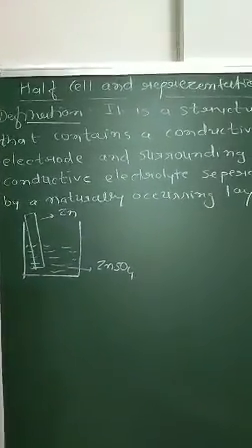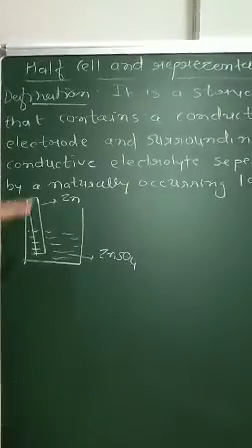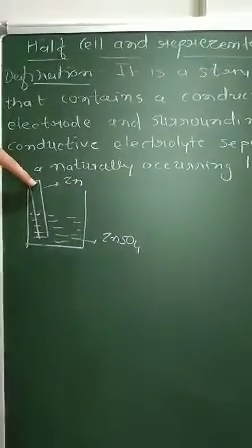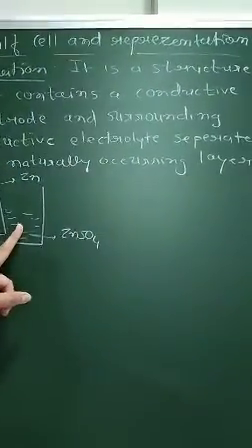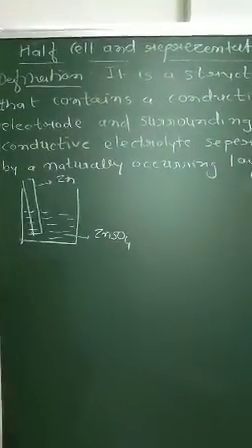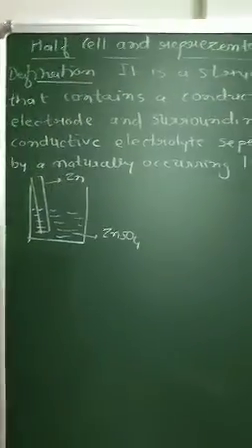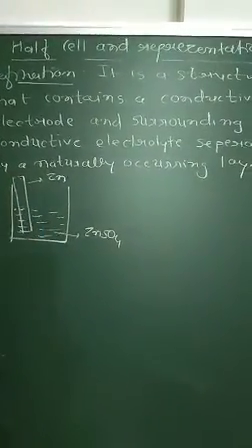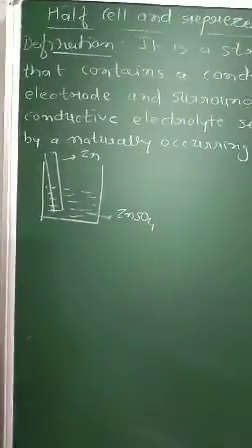The definition of half cell: it is a structure that contains a conductive electrode and surrounding conductive electrolyte separated by a naturally occurring layer. It is known as half cell.